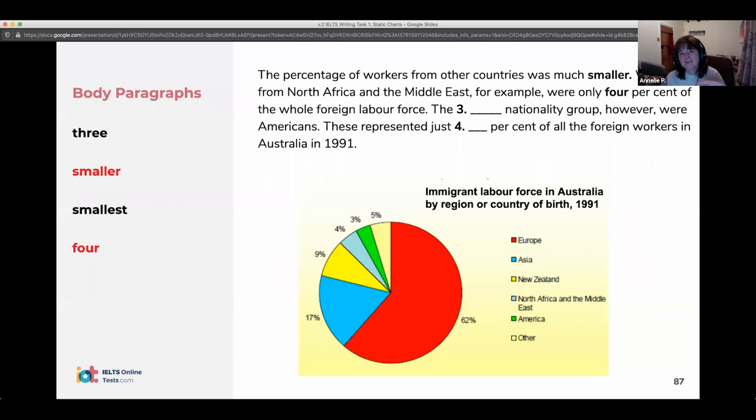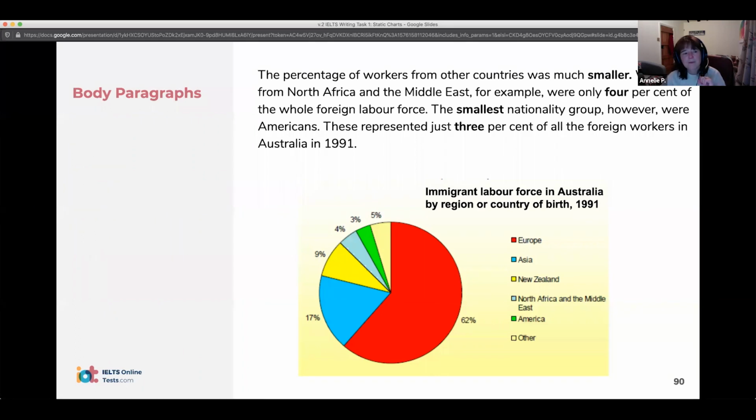Okay, and then, yes, down to the smallest was the Americans, and they represented just 3%. Okay, so very small percentages, just keep them as they are. Okay. So looking a little bit more at the language here.